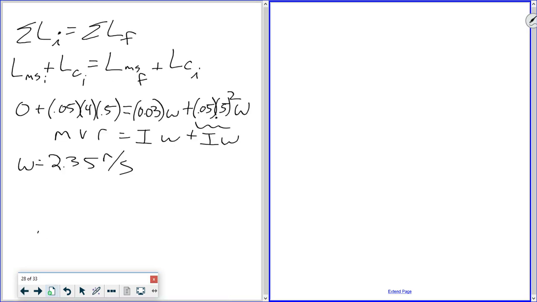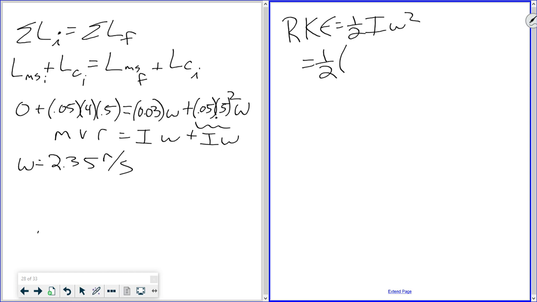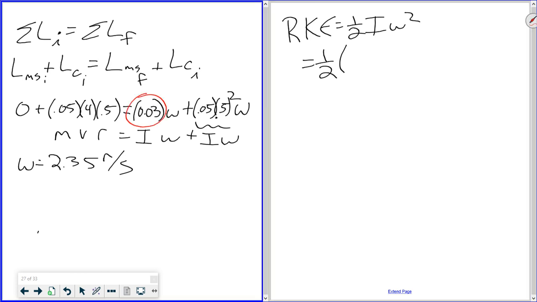Okay, so the rotational kinetic energy then is 1/2 I omega squared. So 1/2 times I. Well, what is I? Well, the meter stick has rotational inertia, and the clay has rotational inertia.